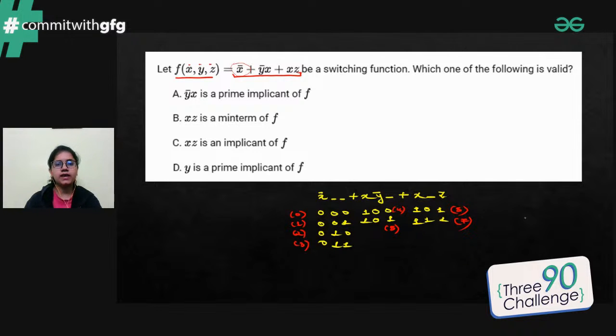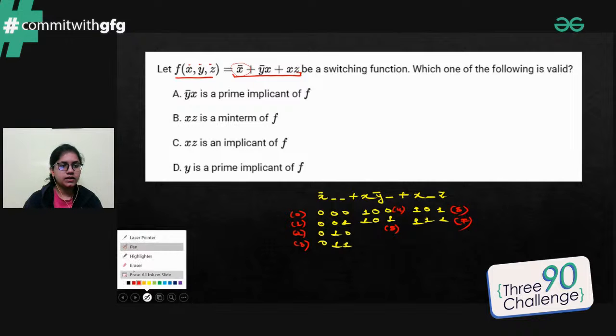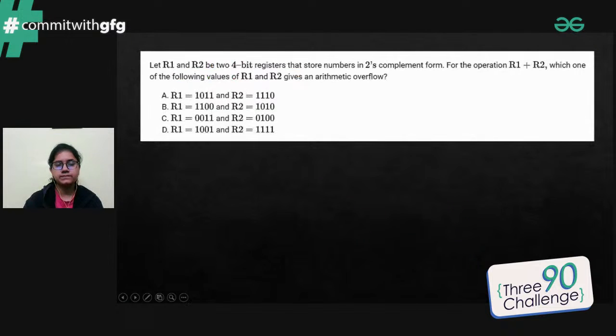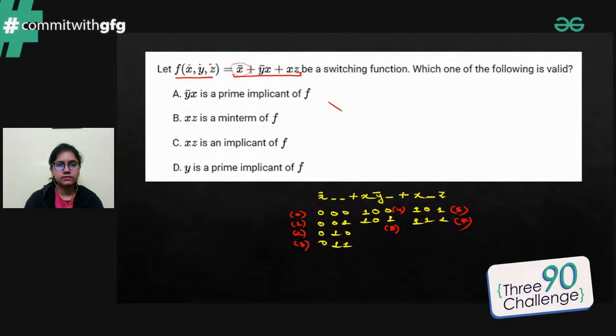Now let's make the K map. So again we have to make the K map like we did earlier. So here the function is xyz. So the K map will look like this. This is 1, this is 2, this is 3, and this is 4.